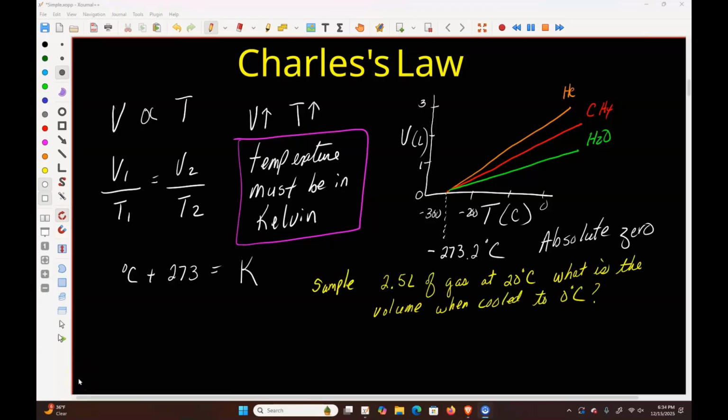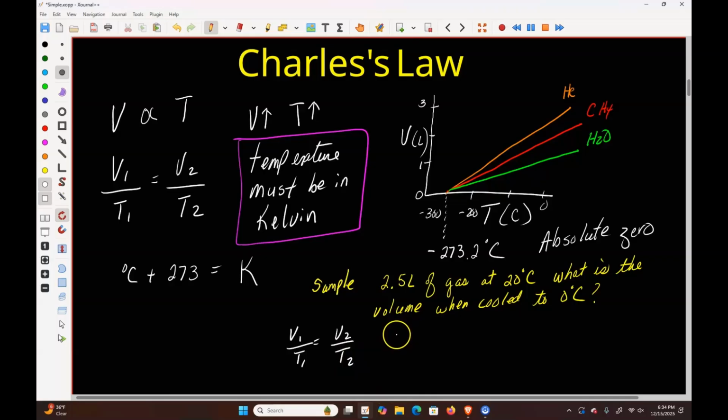A simple problem with this would be if I have 2.5 liters of gas at 20 degrees Celsius, what is the volume when it's cooled to 0 degrees Celsius? Well, we'll say V1 is to T1 as V2 is to T2.